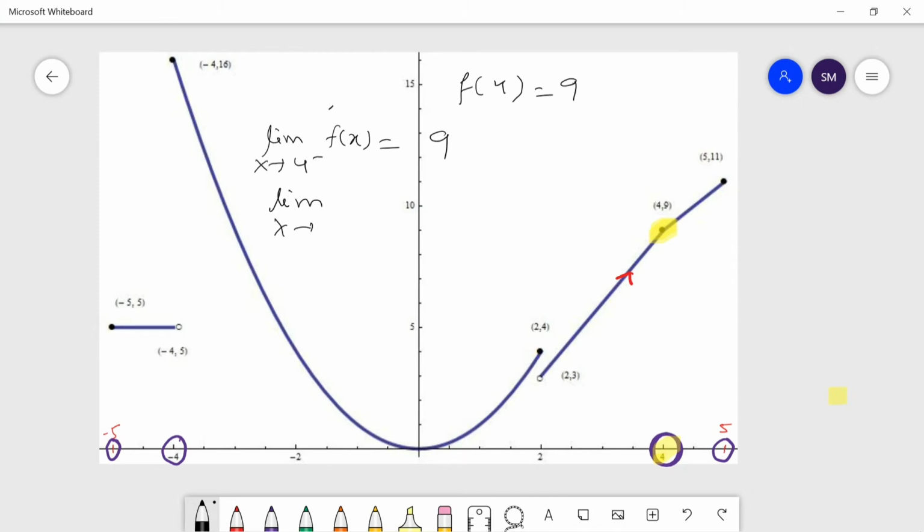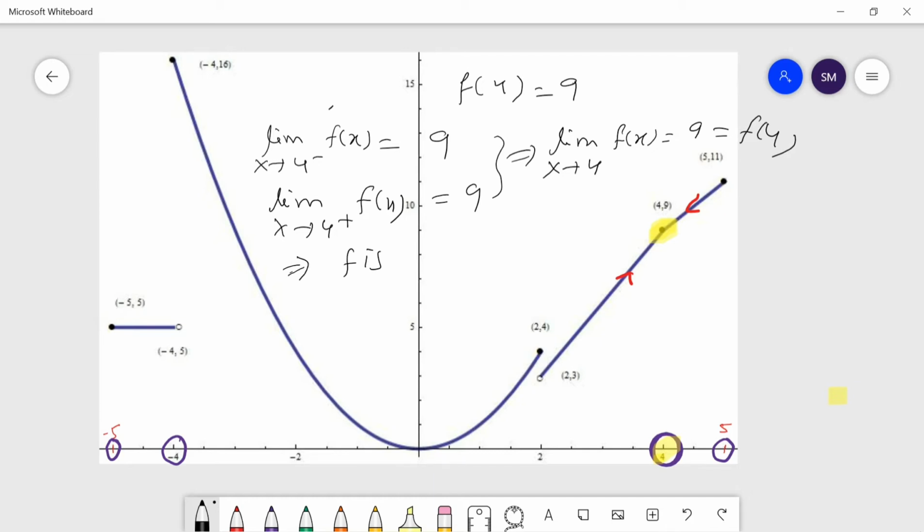Limit x tends to 4 plus f of x. This is coming on this curve, so this is equal to 9. So this implies limit x tends to 4 of f of x is equal to 9, which is f of 4. So this implies f is continuous at x equal 4.